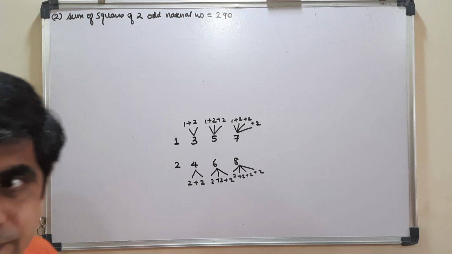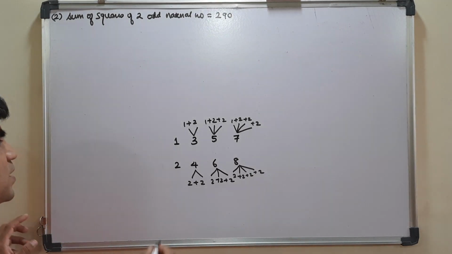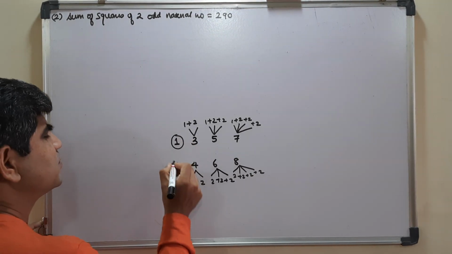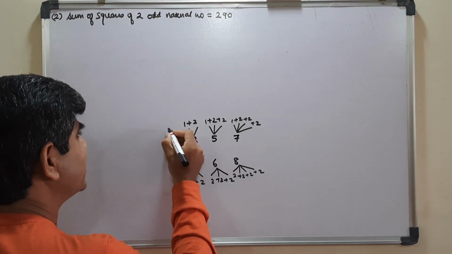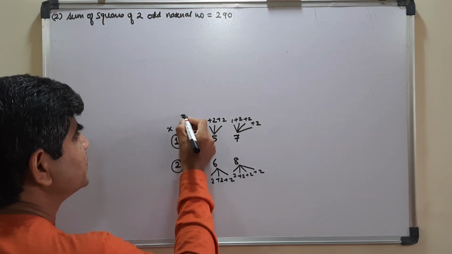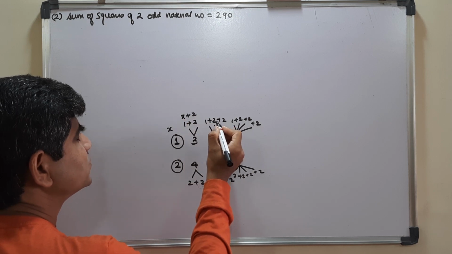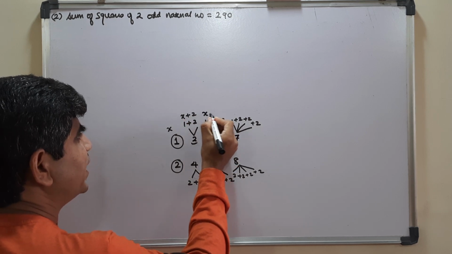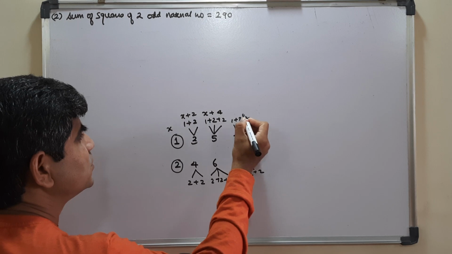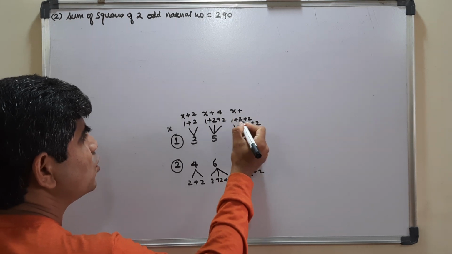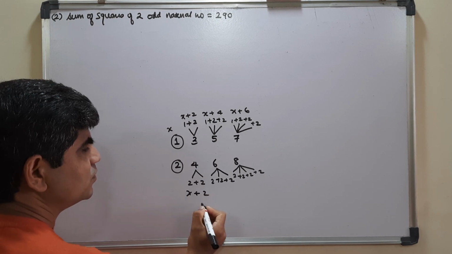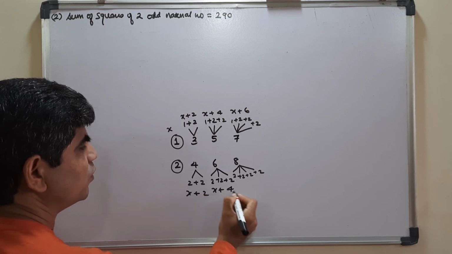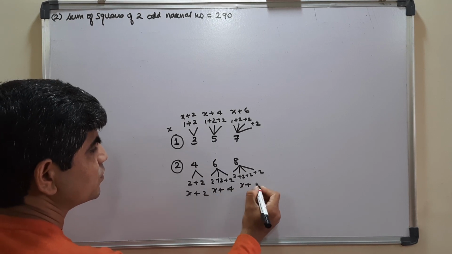Okay. Now replace the first number with an unknown. Suppose you don't know the first number. What will it be? x. What will this become? x plus 2. What will this become? x plus 2 plus 2, that is 4. What will this become? x plus 2 plus 2 plus 2, that is 6.